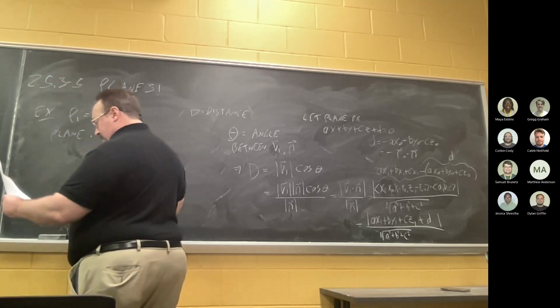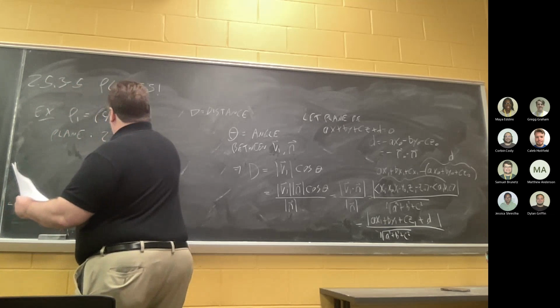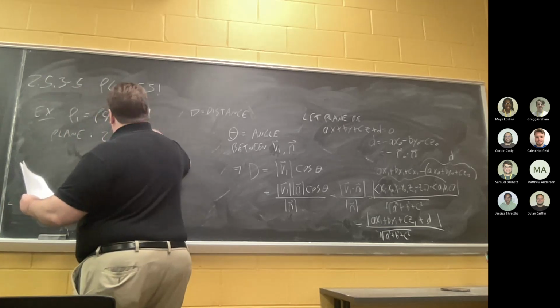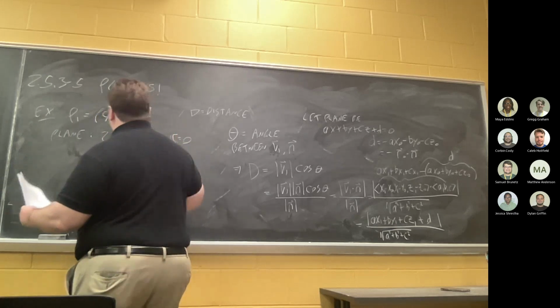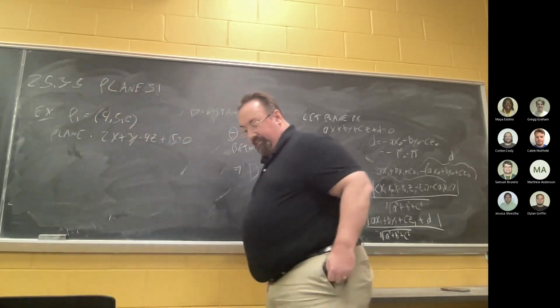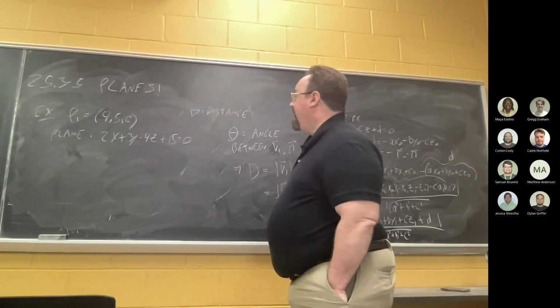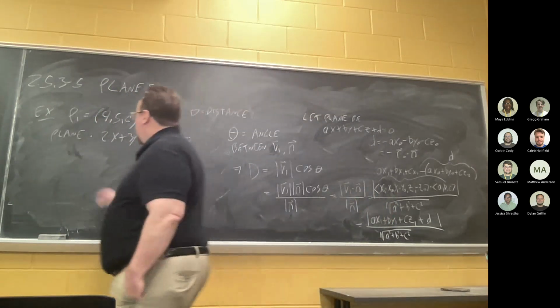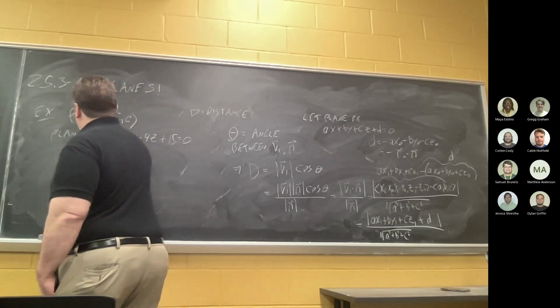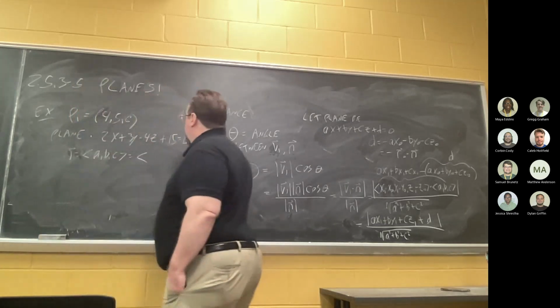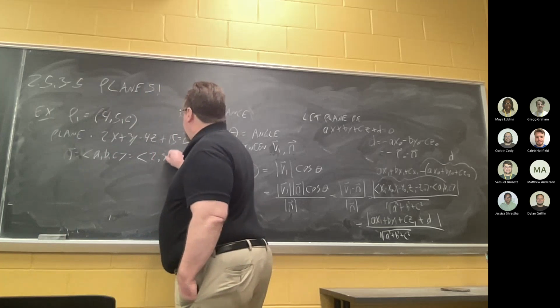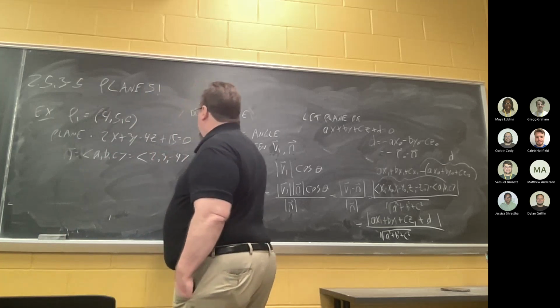The plane is 2x plus 3y minus 4z plus 15 is equal to 0. So the normal vector ABC, read off the equation of the plane, is 2, 3, minus 4.